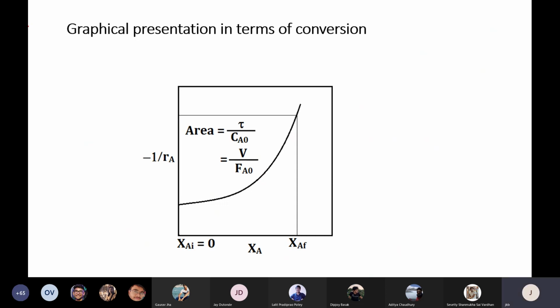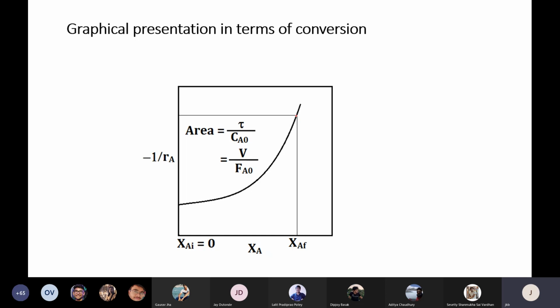Similarly, it is in terms of conversion. Here also it is plotted starting with conversion, 0 means from origin, and the final conversion is XA. Locate the final conversion at the exit of the CSTR.